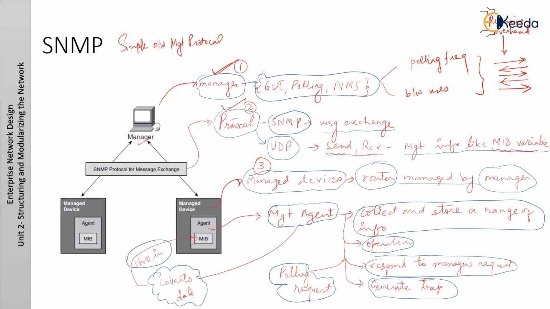SNMP traps are sent by the management agent to the NMS when certain events occur. Trap notification could result in substantial network and agent resource savings by eliminating the need for some SNMP polling requests.